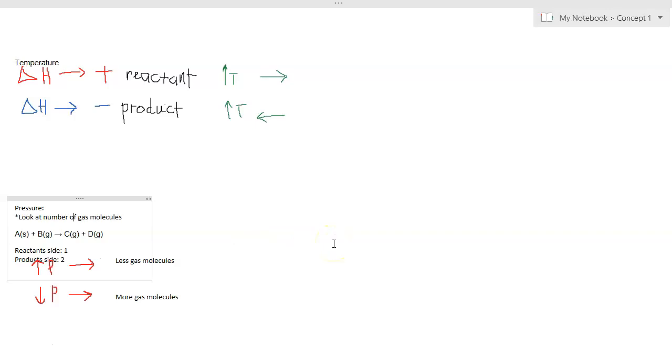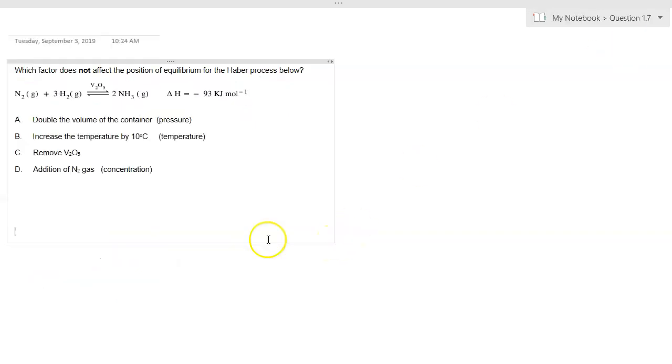So let's take a look at the question once again. Which factor does not affect the position of equilibrium for the Haber process below? If we double the volume, it means we are decreasing the pressure, because remember, volume and pressure are inversely proportional.